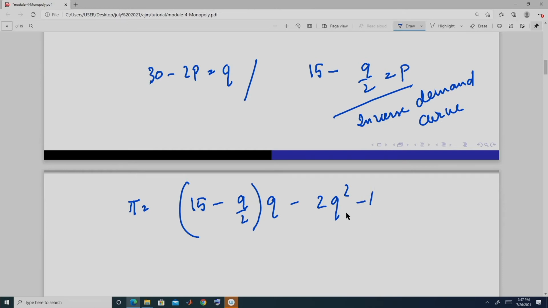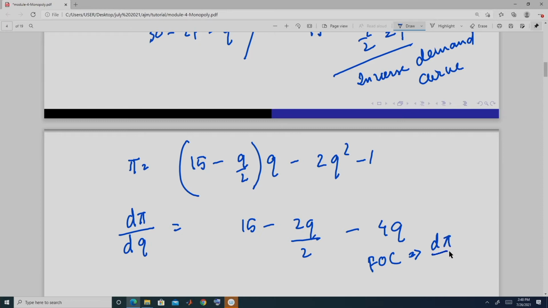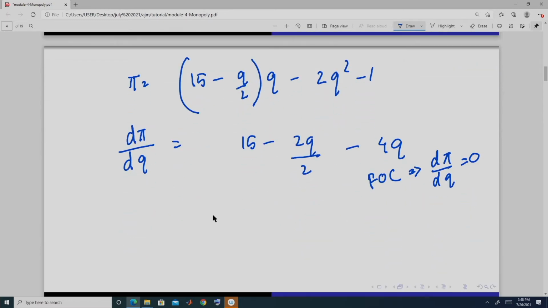So, this is the profit function, it is a differentiable function. The monopolist will maximize this with respect to output, and the first order condition gives this equal to 0.